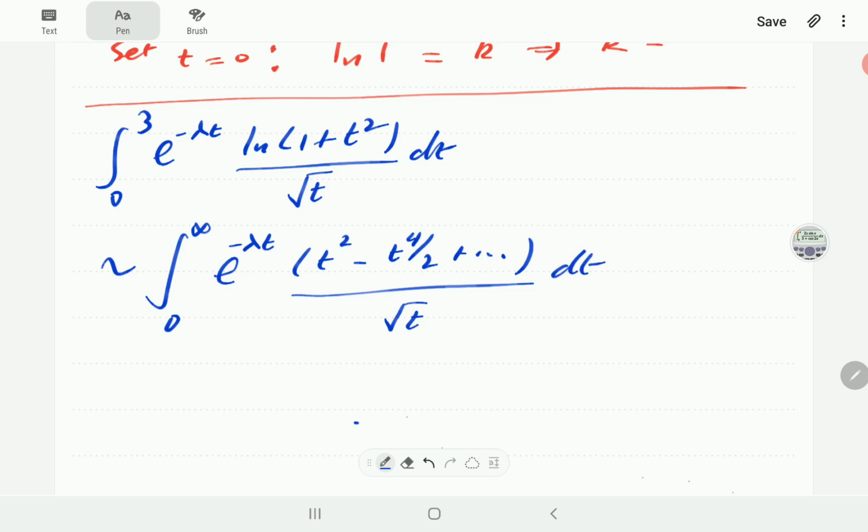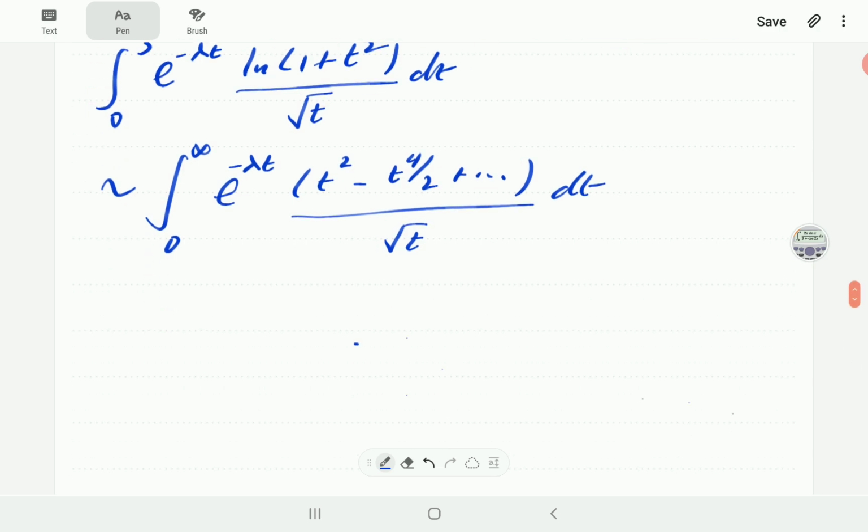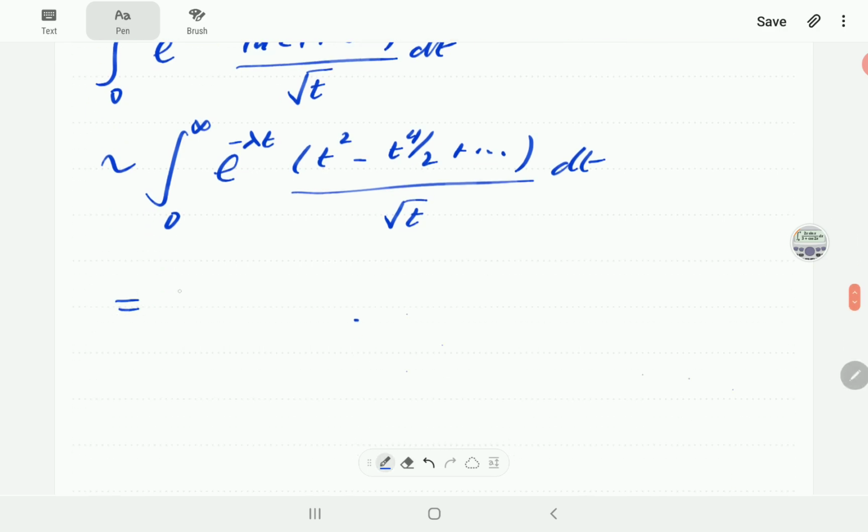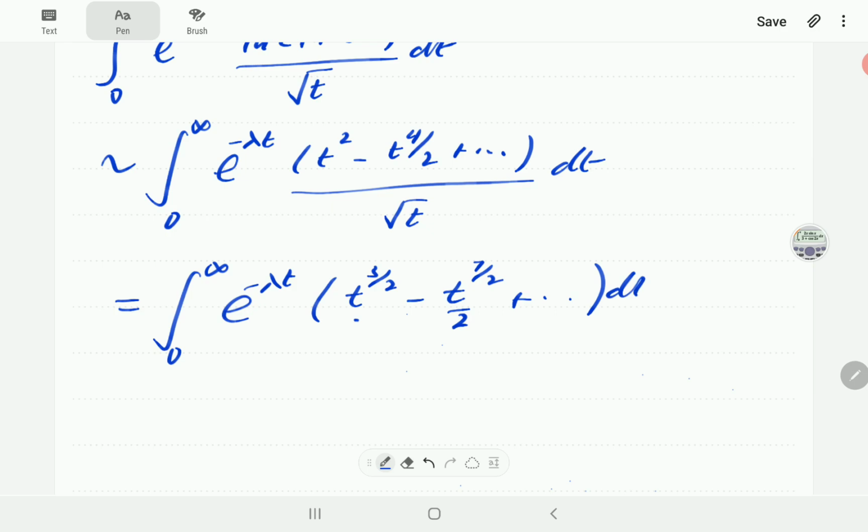And then of course if we simplify, it's going to be the integral from 0 to infinity of t to the power 3/2 minus t to the power 7/2 over 2, and then plus lots of other terms.